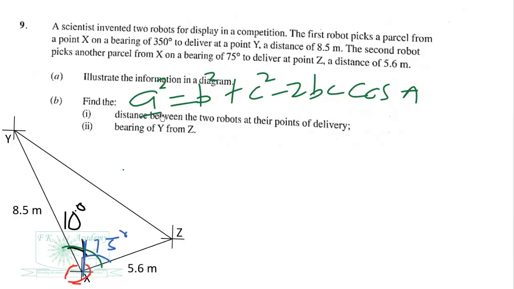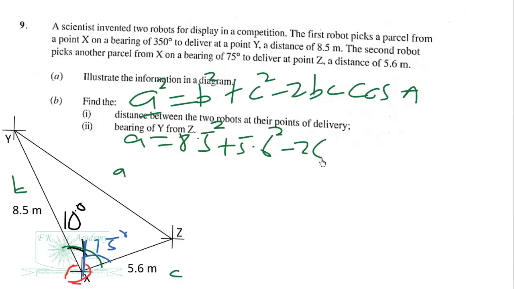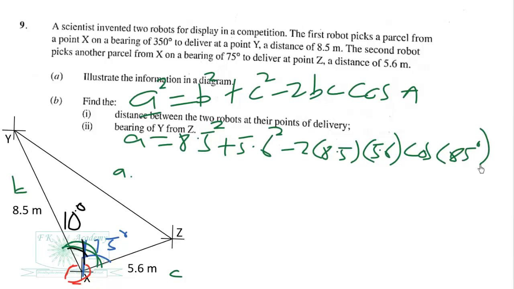So if this is a and this is b and this is c, then we are going to get a, which is YZ, to be equal to b squared, which is 8.5 squared, plus 5.6 squared minus 2 times 8.5 times 5.6 cos of the angle opposite the side a, which is the angle here, 85 degrees. So we have to simplify this to obtain the value of a.